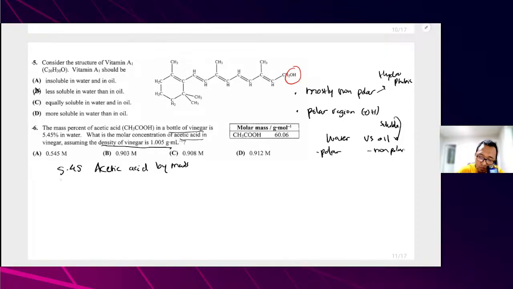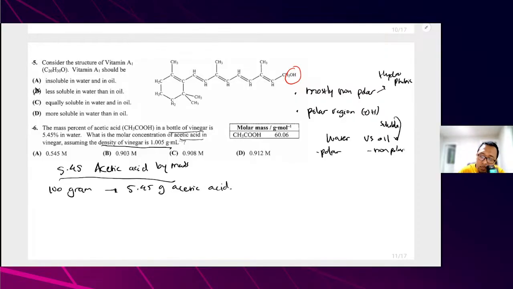So what does this mean? This means in every 100 gram there is 5.45 gram of acetic acid.